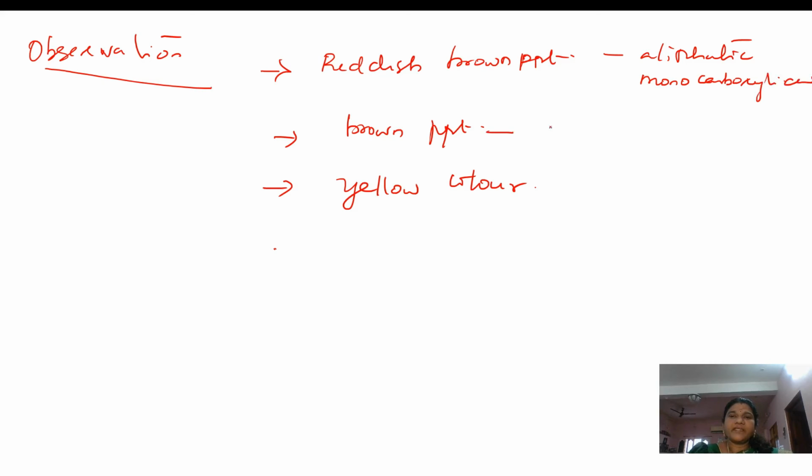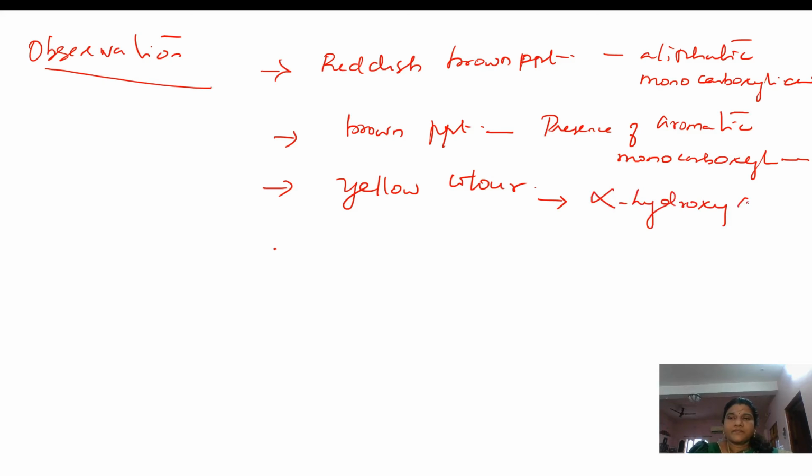A brown precipitate indicates the presence of aromatic monocarboxylic acids. A yellow color indicates the presence of alpha hydroxy acids. Through this test, we can find out the presence of monocarboxylic acids, aliphatic and aromatic, and alpha hydroxy acids.